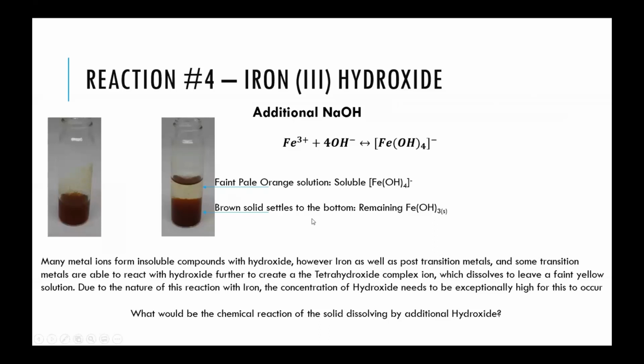By doing so, it can form the iron tetrahydroxide complex. This complex is soluble and will begin to dissolve the iron hydroxide itself as the concentration of hydroxide continually increases. It's pushing the reaction even farther towards the products into a separate reaction.